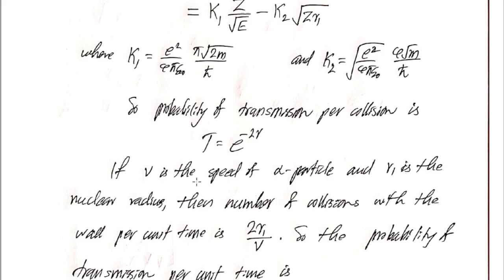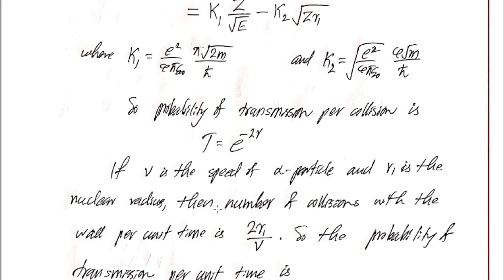For that, if v is the speed of the alpha particle and r1 is the nuclear radius, then for conducting one collision, the alpha particle has to move an average distance of 2r1, that is the diameter of the nucleus. So over a distance of 2r1, it will make one collision.